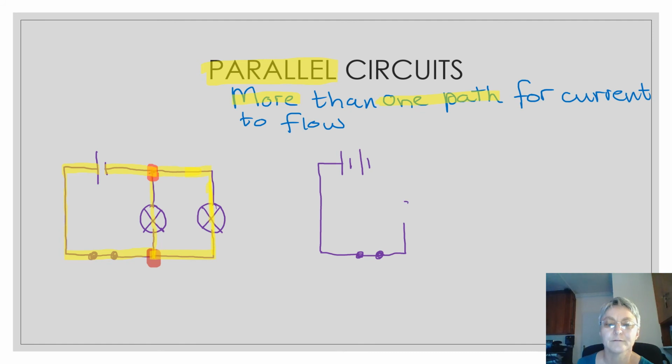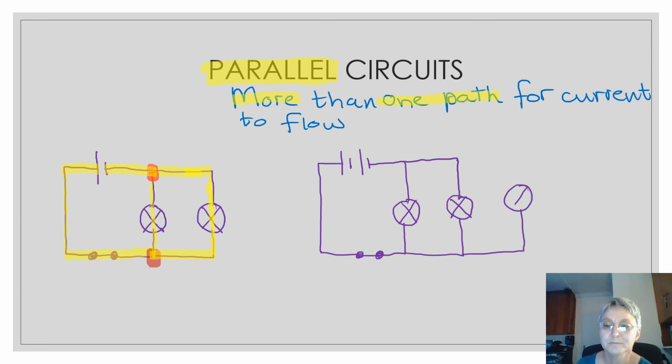We have this lamp that is connected to the battery, and we have a second lamp that is connected parallel to the first lamp. Let's add another lamp, or light bulb if you want to call it that way.